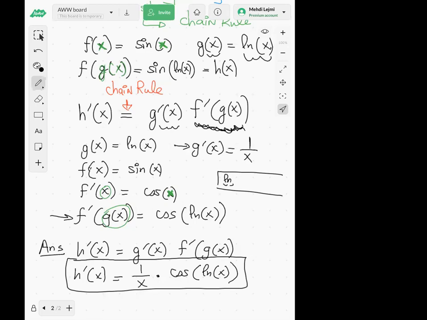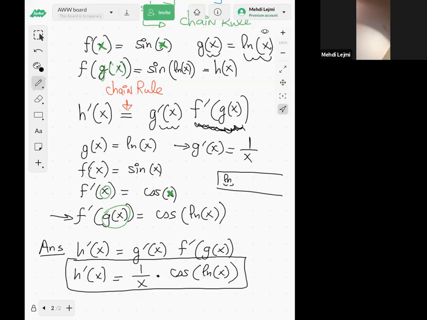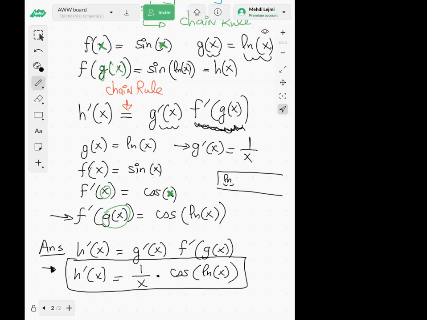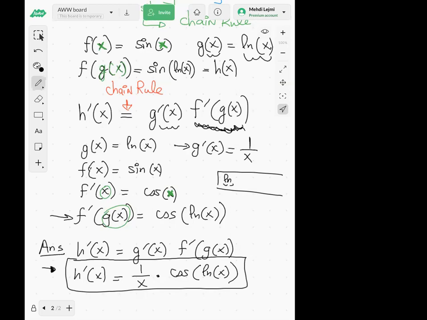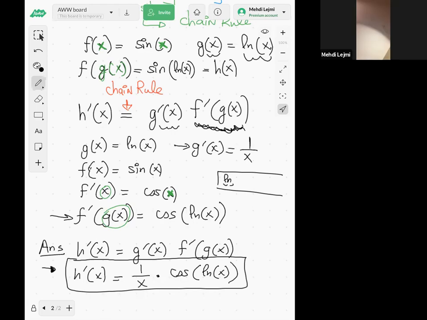And then do you keep solving it if you can, or you just leave it the way it is? Yeah, you keep solving. If there is any possible simplification, then yeah, you keep trying to solve the equation. Sorry, I should mute.